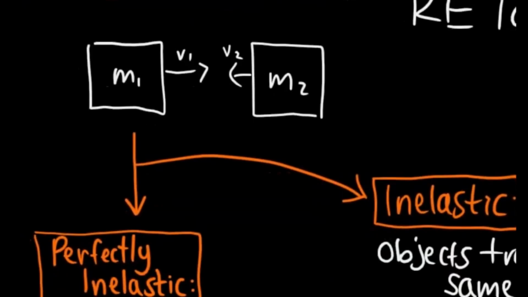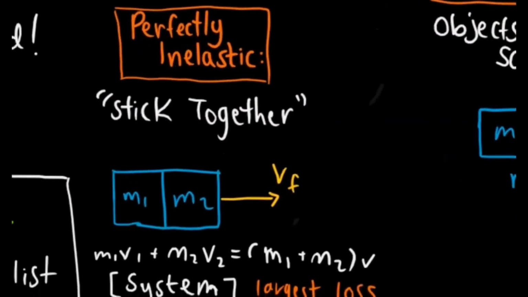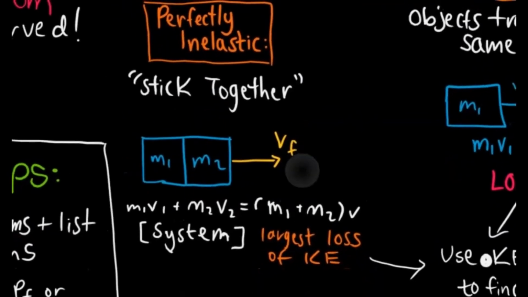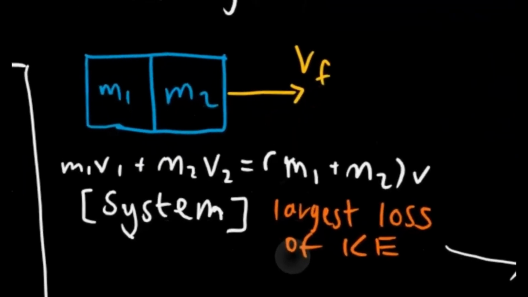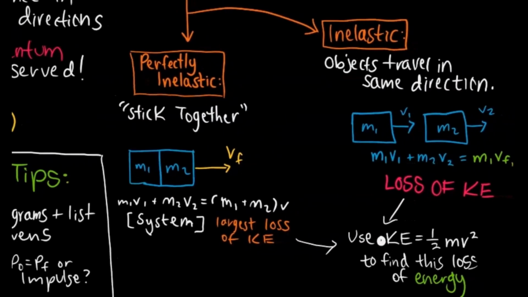So let's say we have two masses coming towards each other. We're going to have what is either perfectly inelastic, so they stick together, and this results in the largest loss of kinetic energy. When we set up our conservation of momentum equation, we have m1 times v1 plus m2 times v2 equivalent to m1 plus m2, and then the entire thing times v, where v represents the final velocity that both blocks have because they're moving as one unit in the system.